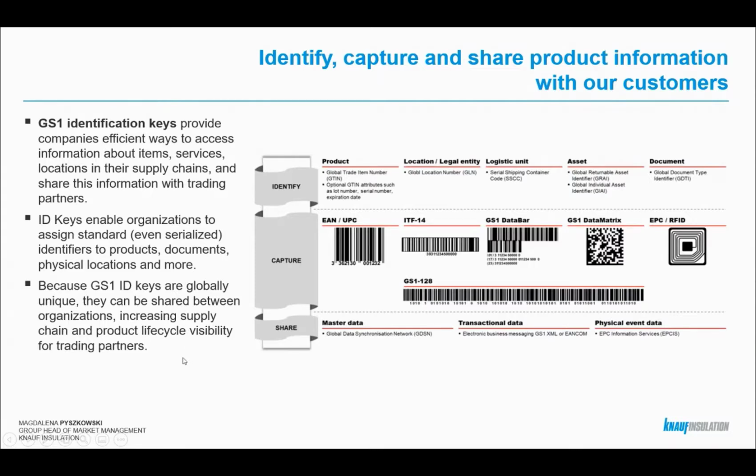We consider this the main focus for us today, because this is globally unique, and the GS1 keys can be shared between organizations and really increase supply chain and product life cycle visibility for all partners and stakeholders.